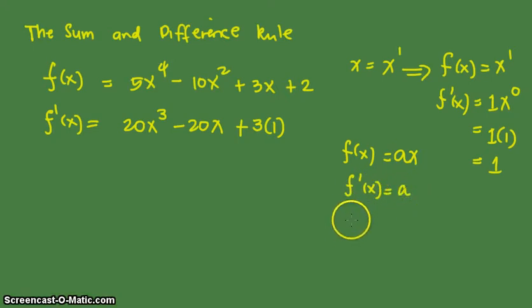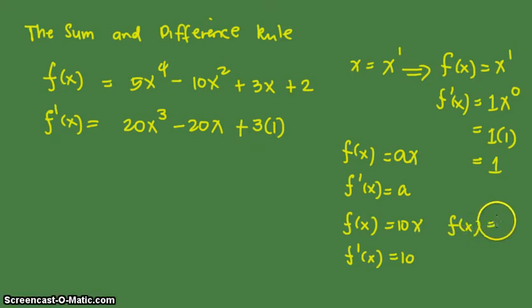Just to explain that further, if f of x is equal to 10x, then f prime of x is equal to 10. If f of x is equal to 6x, then f prime of x is equal to 6. If I have 3x, that is simply 3. I'm writing one here just to explain the idea on how we can get the value 3. But the next time you see 3x, the derivative is basically 3.